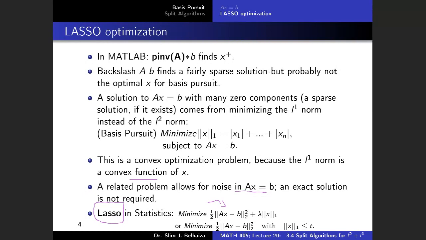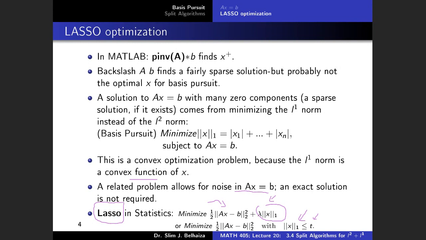So they try to minimize half of the square of the L2 norm of Ax minus b plus the penalty, lambda, times the L1 norm. Or they may also set it not as a penalty, but as a condition where the L1 norm of x is less than some value, usually, for example, 1. So this is a way to deal with it with the lasso in statistics. And we already talked about it briefly in section 2.2.